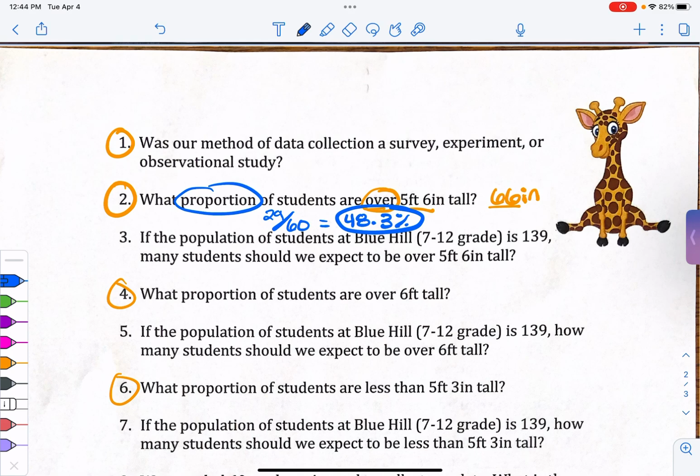Okay, now it says if the population of students at Blue Hill is 139, which it is, I looked that up. There's 139 kids in 7th through 12th grade. How many would we expect to be over 5 foot 6 inches tall, right? So if 48.3%, or 0.483 if we move the decimal, out of 139, we can just multiply those together, and I get about 67.2.